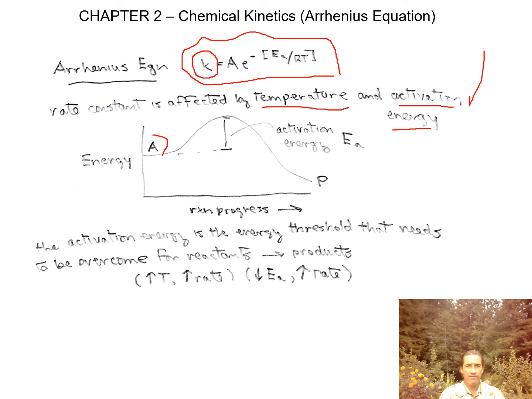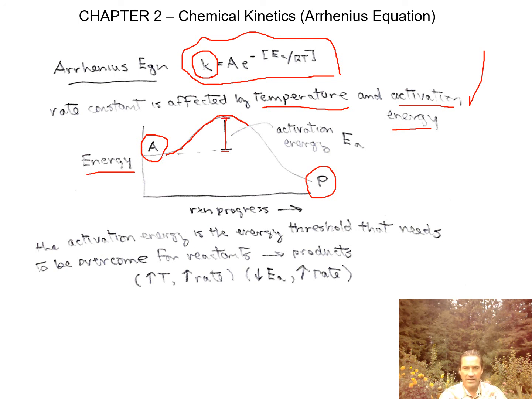And so if you have some reactants to turn to products, they have to overcome, with respect to energy, some threshold. In order for them to react and collide, they have to hit each other at a certain amount of energy in order for them to create the products. We call this energy threshold the activation energy.